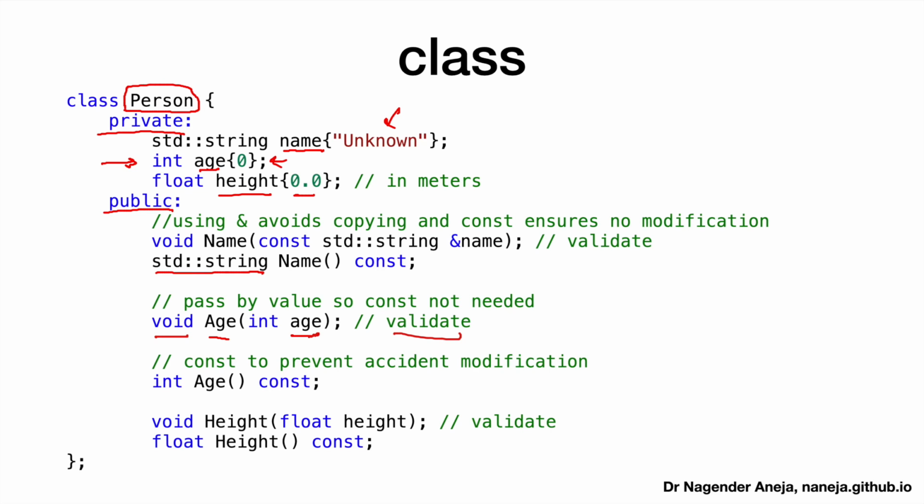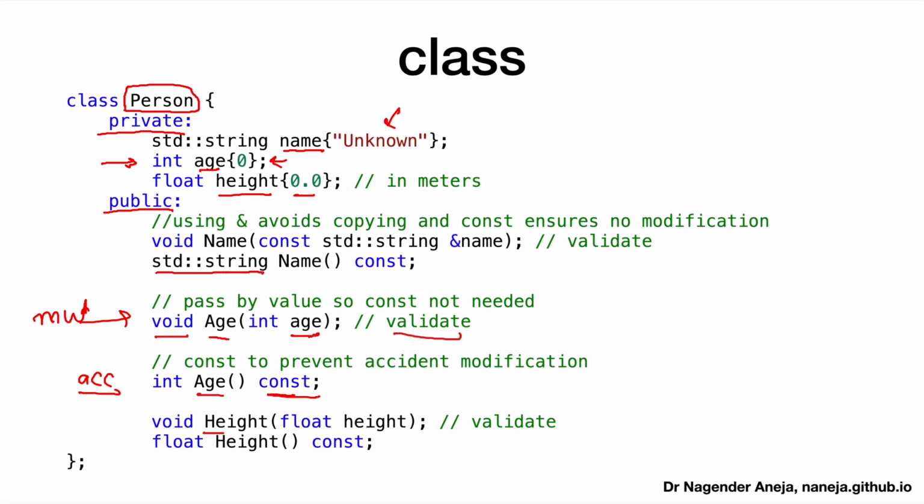So we can enforce those rules. And similarly, the age accessor must be constant. Since this is an accessor, all the accessor functions must be constant. Their role is to give the value, whatever the state of the object is.